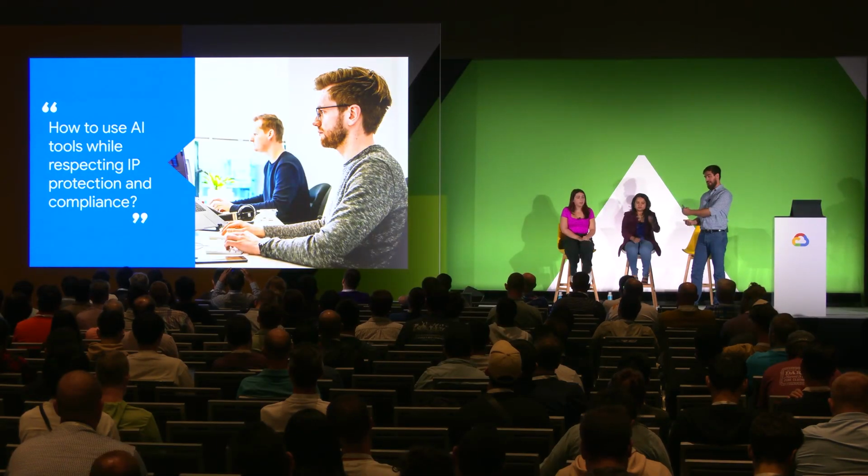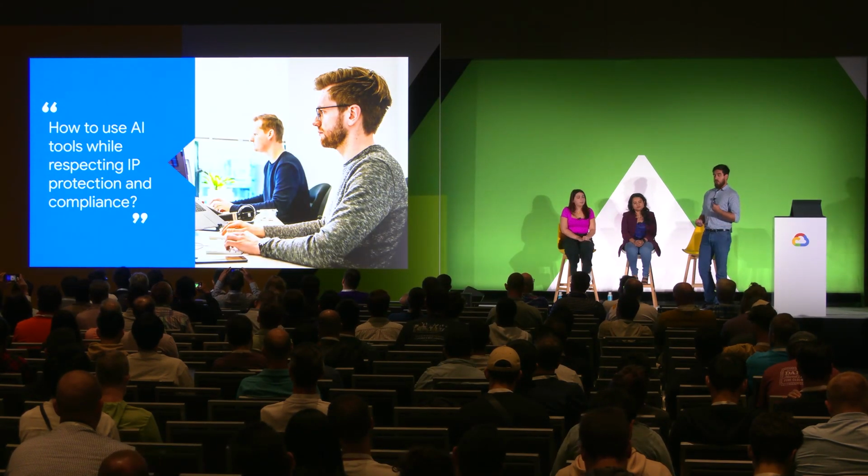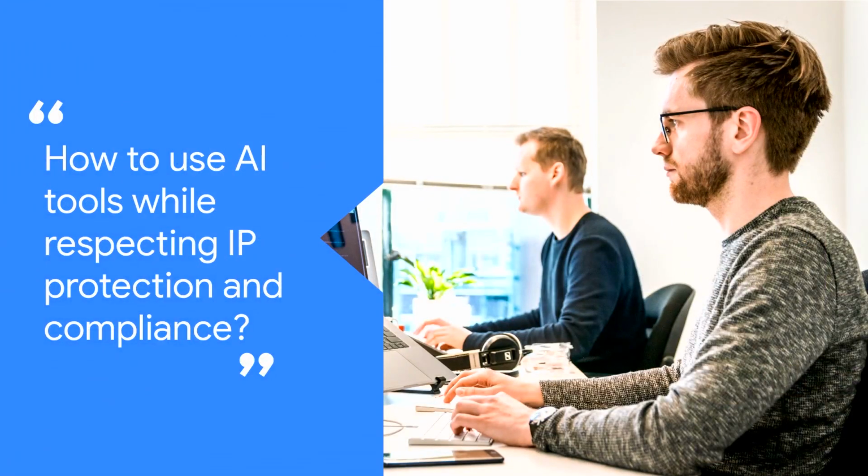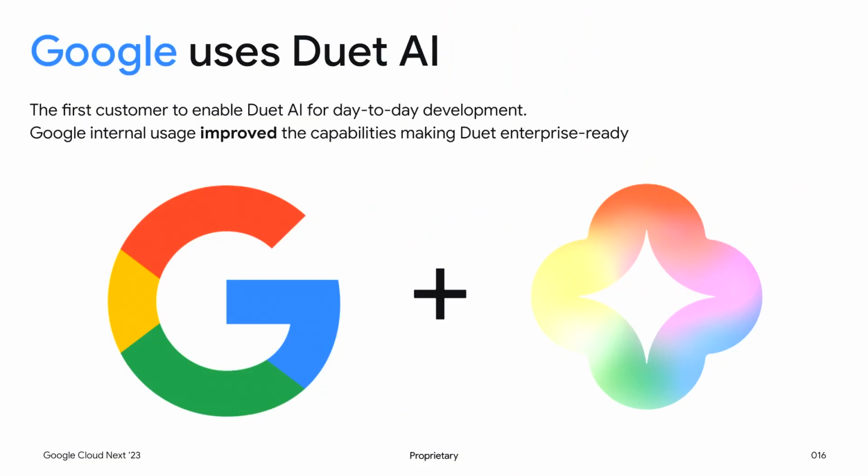And last, one which is AI specific, is how can I use AI in my workflows while respecting the IP protection and compliance and security policies my organization has in place? Those are some real problems we heard from customers, and Google in-house also had similar challenges. So that's why I'm excited to say that Google is using Duet AI in-house, including production usage for day-to-day development.